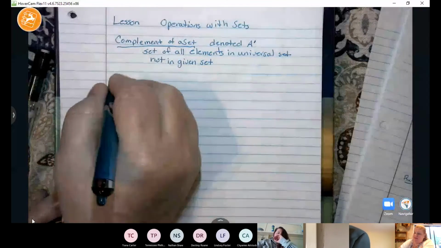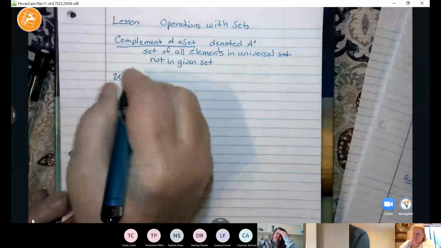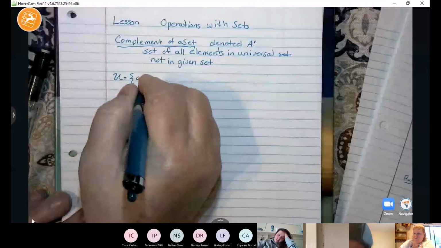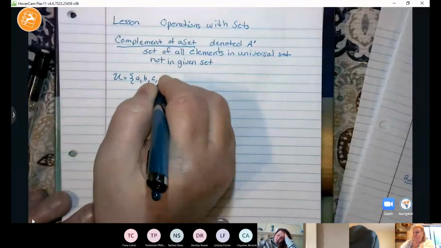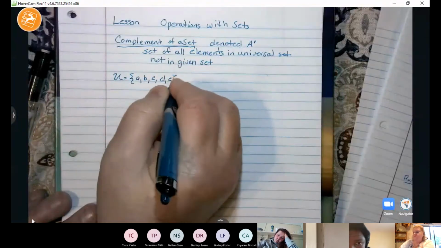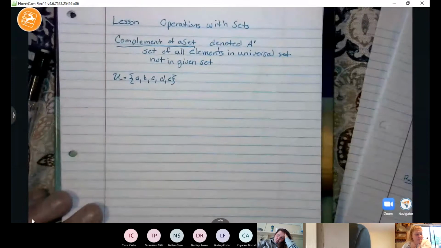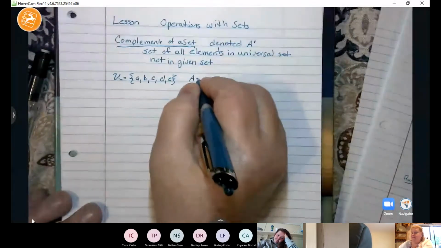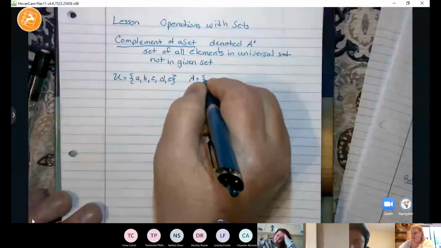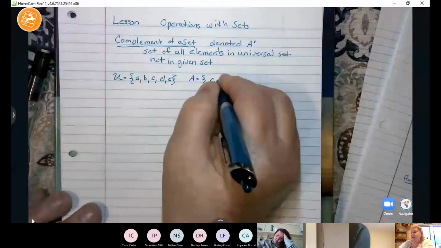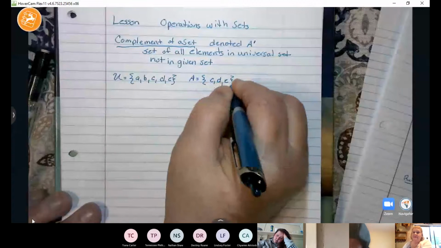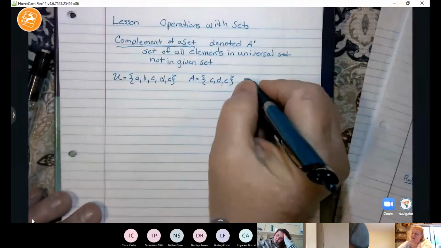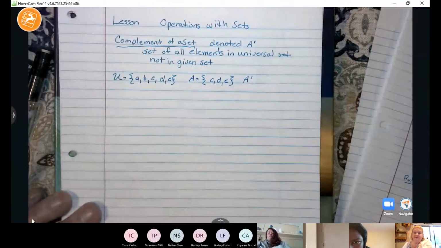So we have the universal set: A, B, C, D, and E. We have set A, which is C, D, and E. And we want to find A complement.